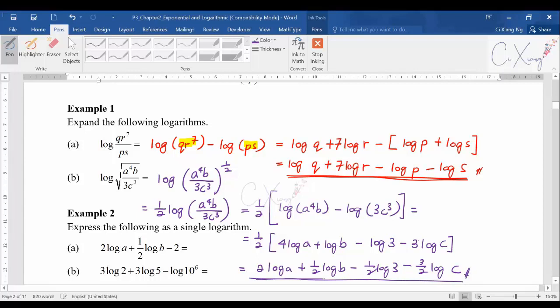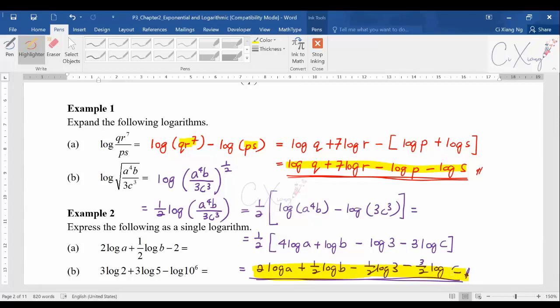Alright, so this is how we actually expand the expression into a few log functions, by applying the rules that we learned just now.